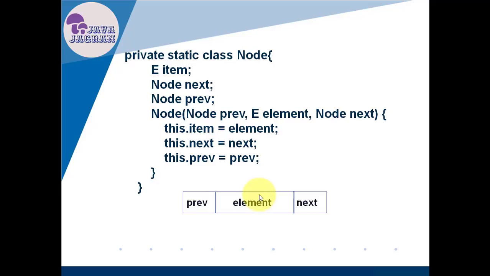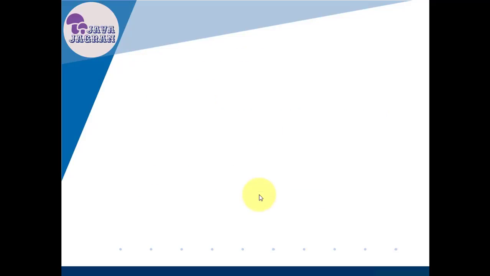Let's start with understanding each and every method of the linked list from the starting, beginning with add. Suppose I create one object of the linked list called list, which is the reference.